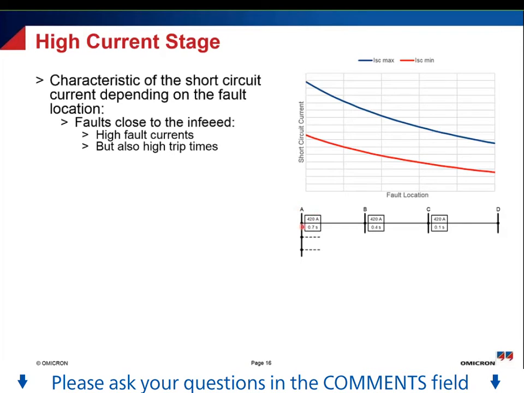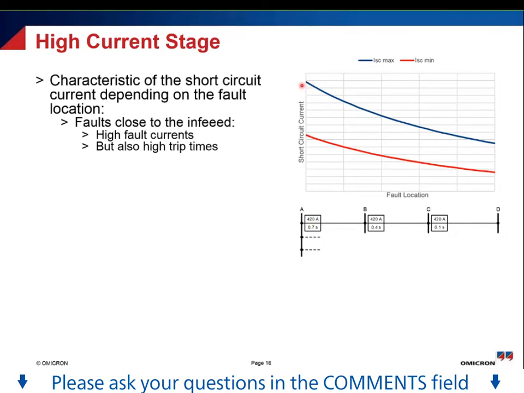That means we have a long trip time for faults directly in front of A. But the fault currents directly in front of A will be very high. As you can see, the closer we come to bus bar A, the higher our fault currents get.